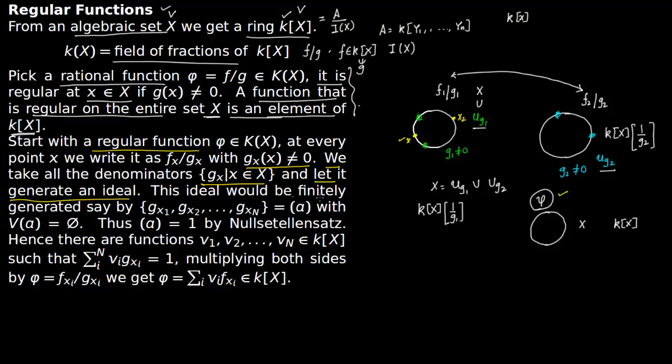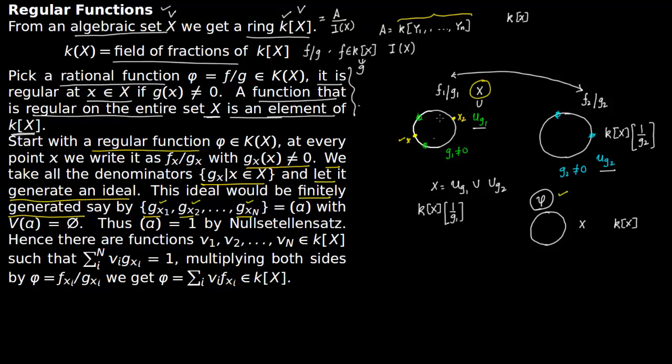Now this ideal would be finitely generated, because the ring which we have chosen here is Noetherian. And say it is generated by a finite number of these functions, g_x1, g_x2, all the way to g_xn. Now this is exactly the same way we discussed quasi-compactness. What you're trying to do is build a cover of your space X. So all these functions you have.